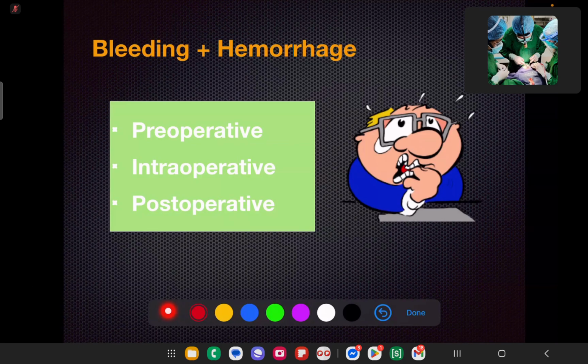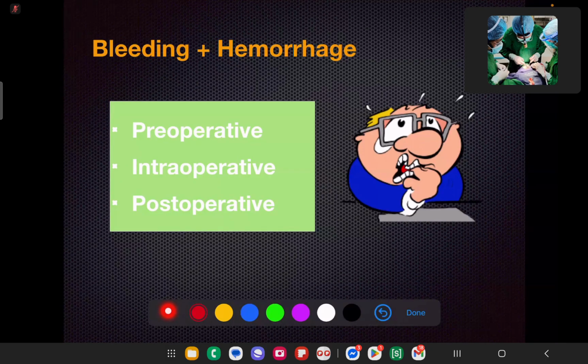Ibig sabihin, you have issues already on that area. So that's why you as the chairman or the pilot of the surgical procedure, you did not consider several issues such as anatomy, your principles of surgeries and everything. So it's an intraoperative concern of bleeding.